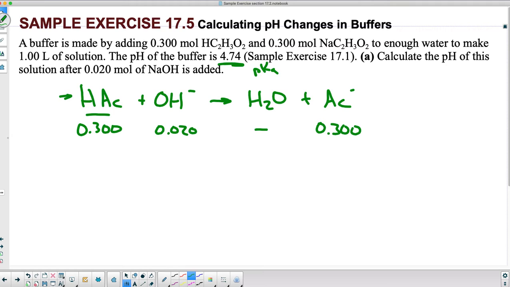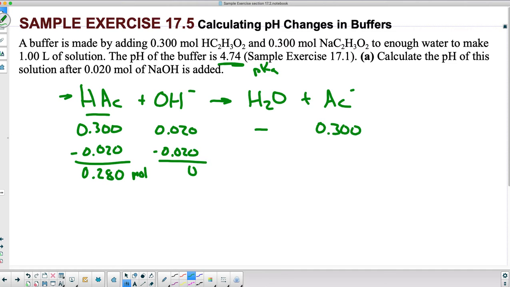If I add a base to an acid, whether it's a weak acid or not, doesn't matter. It still reacts to produce product. And what I'm left with then is 0.28 moles of the acid left over. In this case here, the base is completely gone. I'm left with 0.